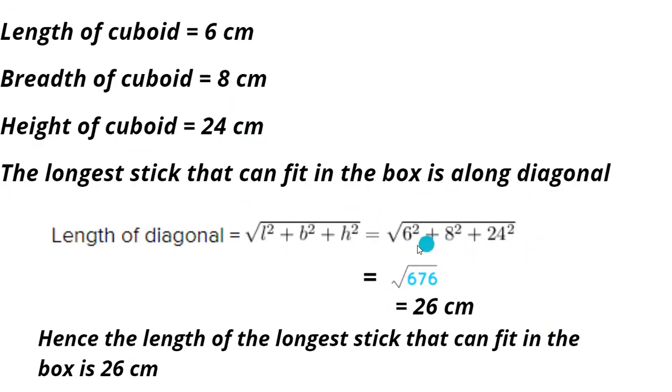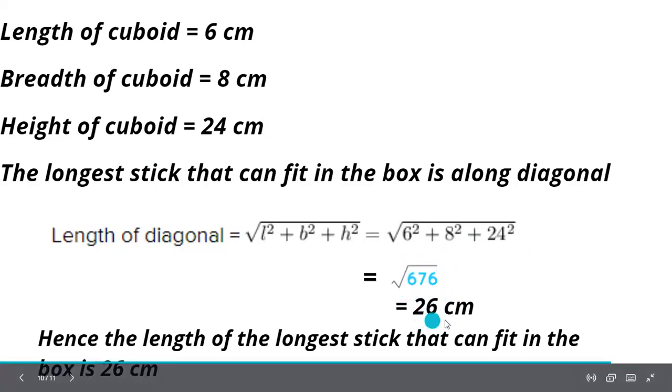When we add all the squares, we get 676. 676 can be written as 26 centimeters. We will teach you how to find the square root in the online session. Hence the length of the longest stick that can fit in the box is 26 centimeters.